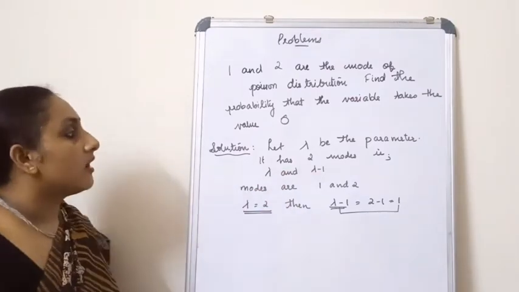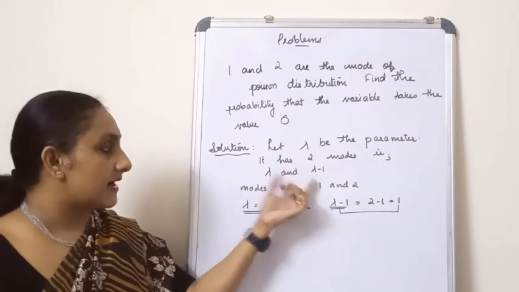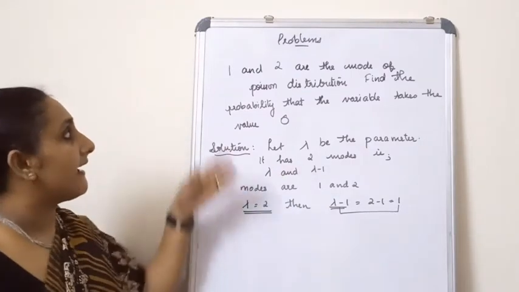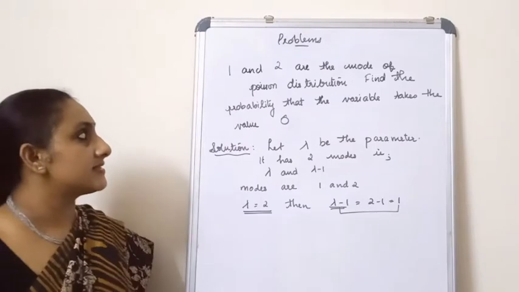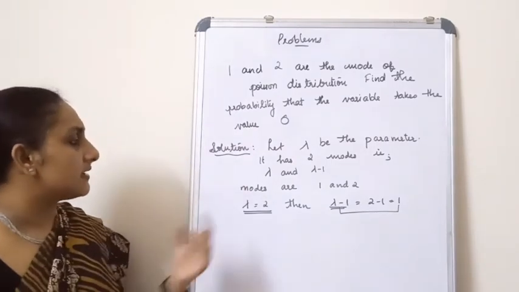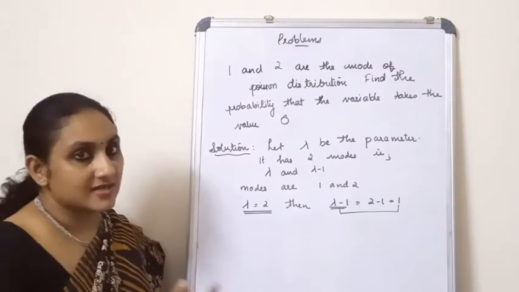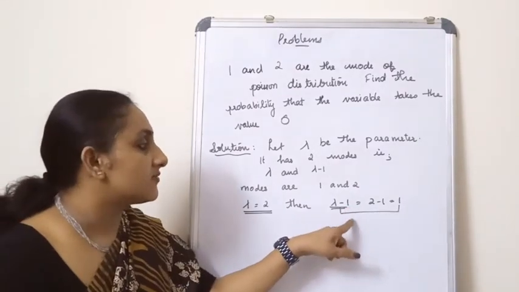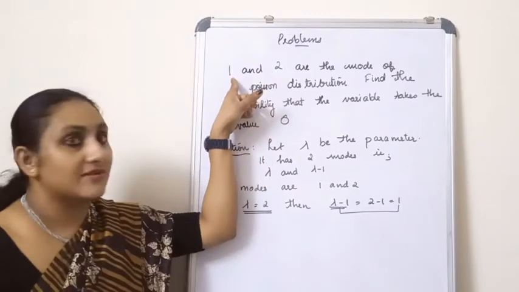Now since lambda and lambda minus 1 are the two modes, and it is given in the question that they are 1 and 2, I am going to take lambda as 2. Only then can I justify that lambda minus 1 is equal to 1, which is given in the question.